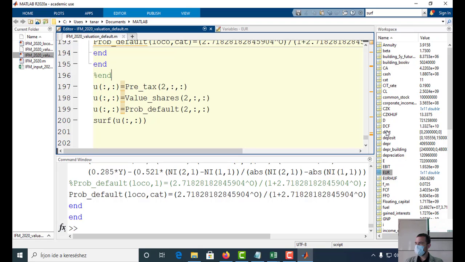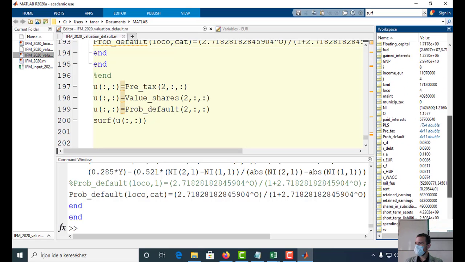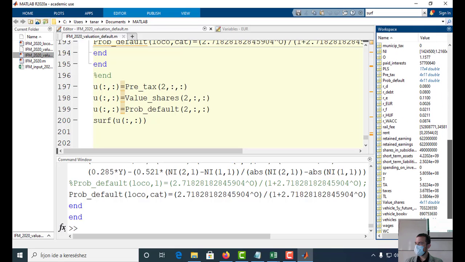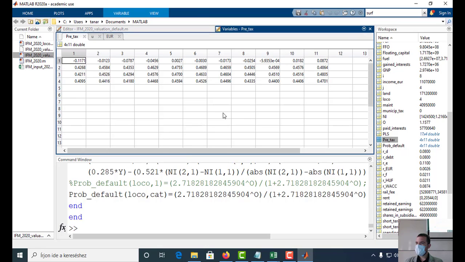Now actually we have only 2 dimensions for the pretax and the other data, so it's visible for us. But what was the output for the different locomotives?